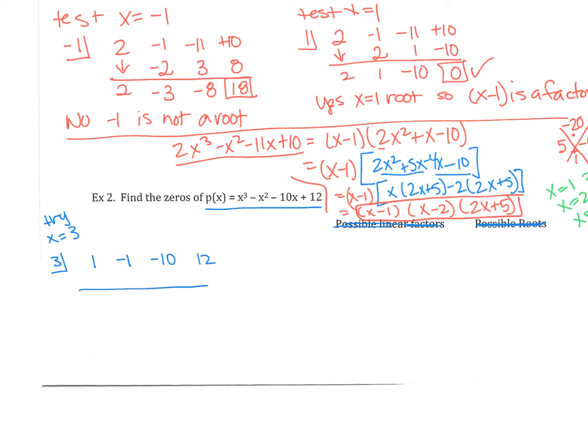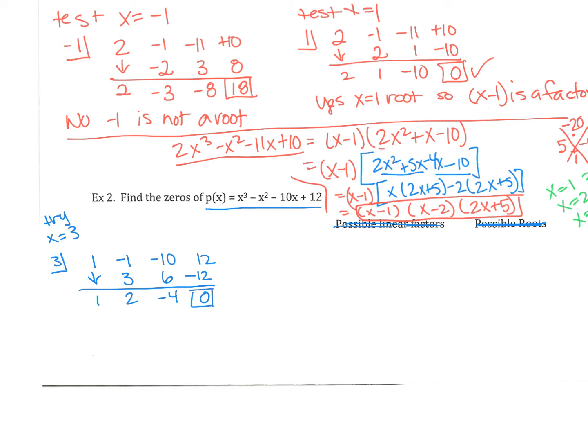I'm not missing anything, so I don't need to add any zeros. So let's bring down my first number, and let's get started. 1 times 3 is 3, and I get a 2. 2 times 3 is 6, and I get negative 4. Negative 4 times 3 is negative 12, and perfect. That 3 that I gave you did work.